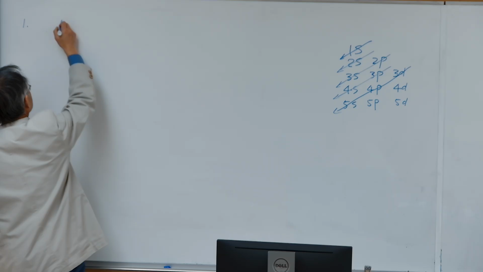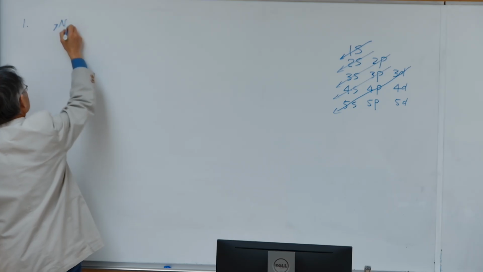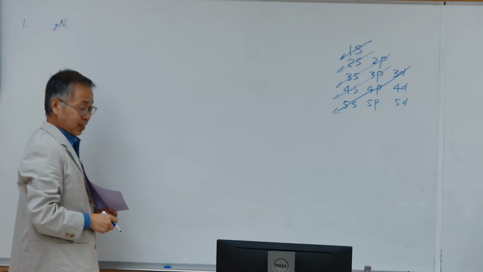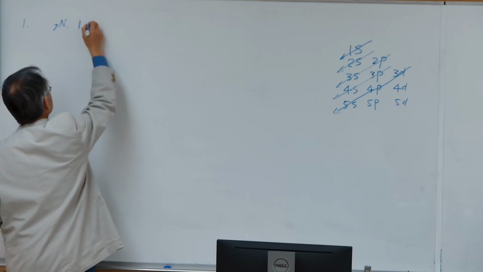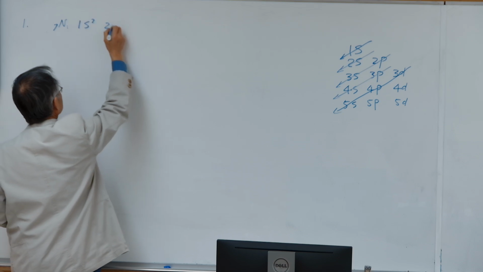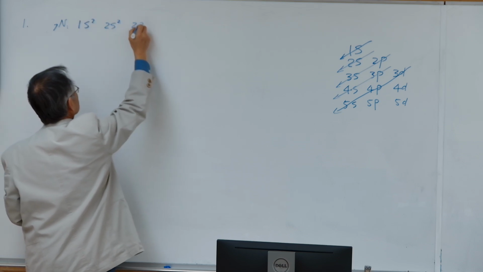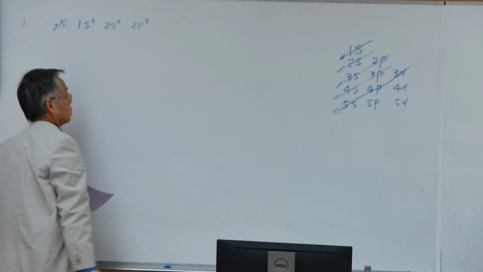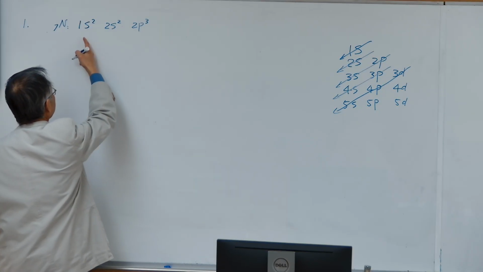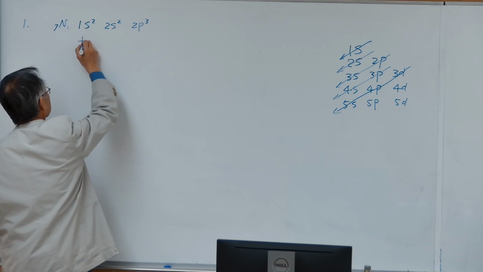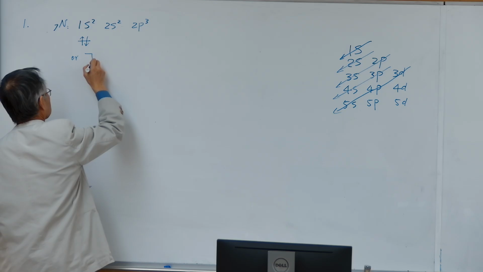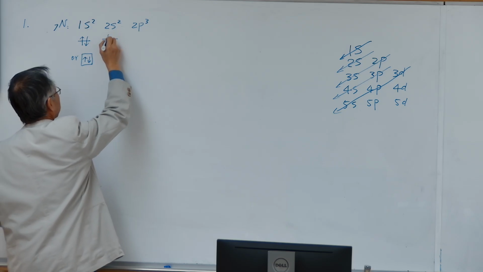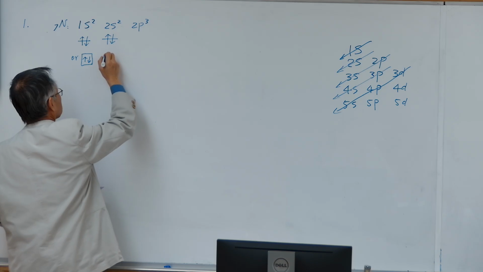This question is for nitrogen, 7 electrons. So with 7 electrons, the electron configuration should be 1s2, 2s2, 2p3. Right? So for 1s, or 1 orbital, we can draw a line or draw a box to represent 1 orbital. 2s also 1 orbital.